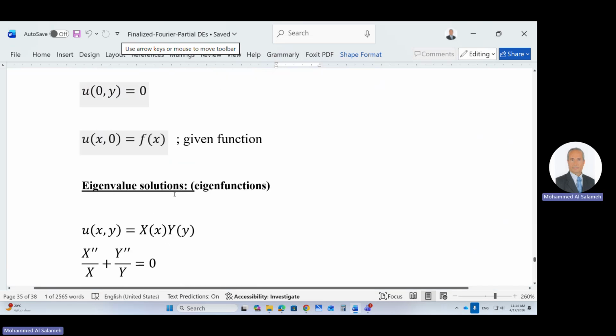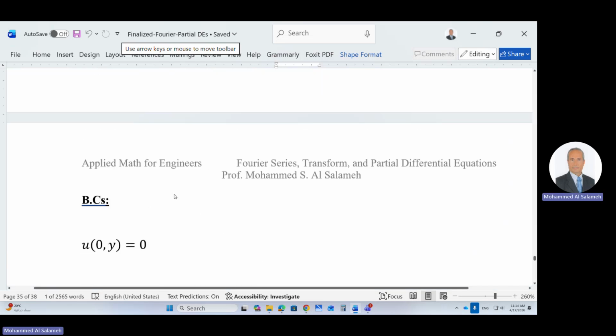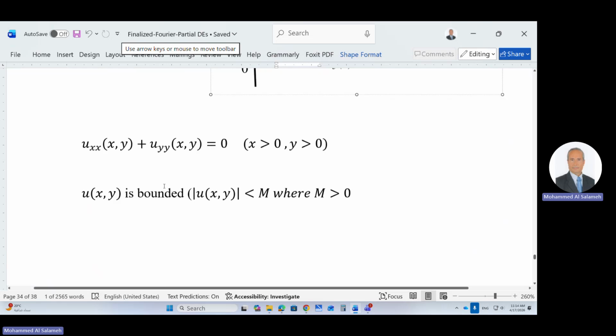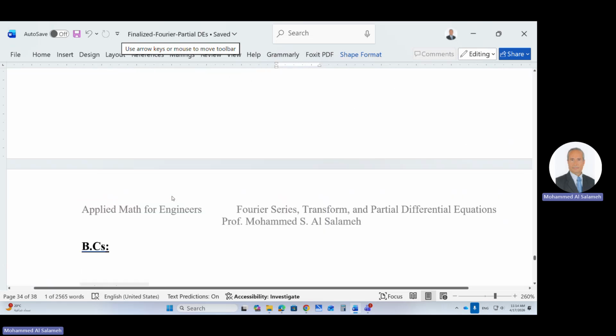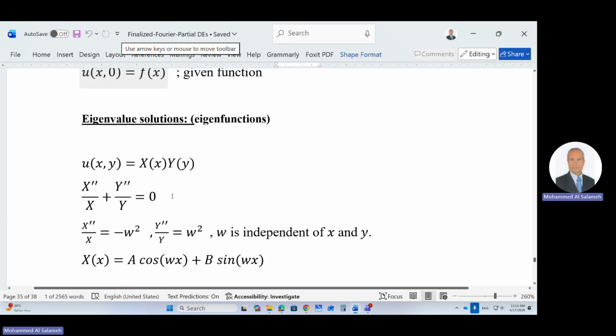We apply the separation of variables to obtain this equation here. We substitute in this equation using the same procedure: derive u twice with respect to x, twice with respect to y, substitute them into the differential equation, and divide the whole equation by capital X, capital Y. You will obtain X double dash over X plus Y double dash over Y equal to 0.